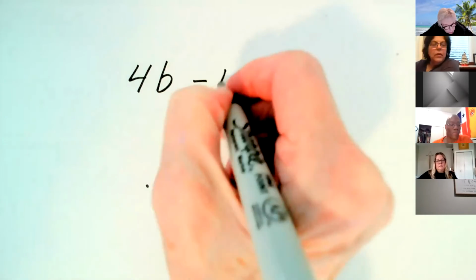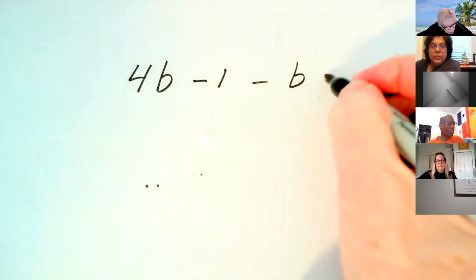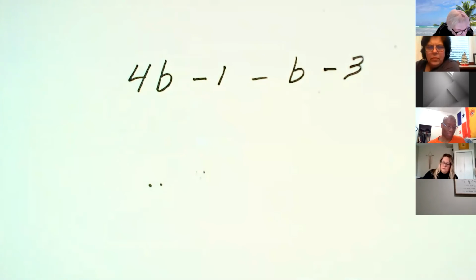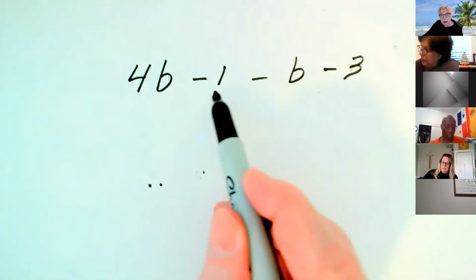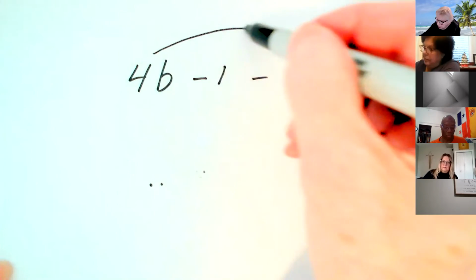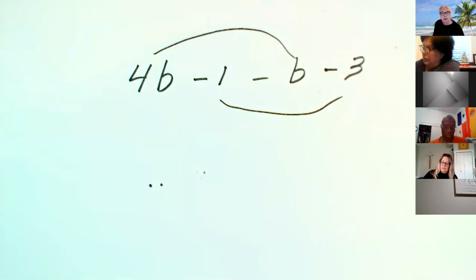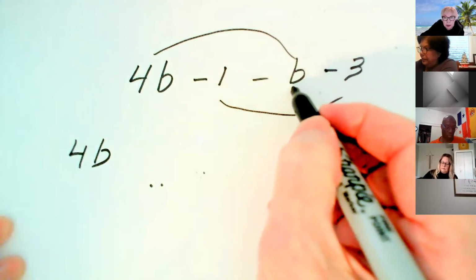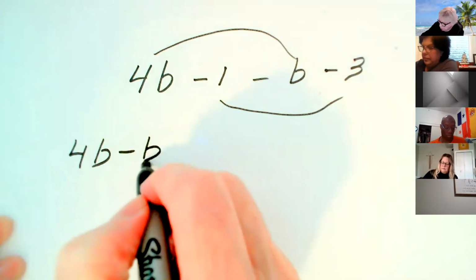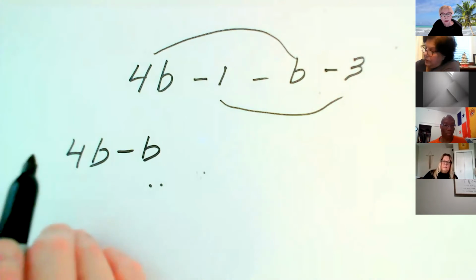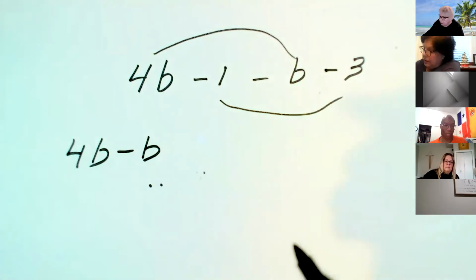4b minus 1 subtract b subtract 3. So the instructions here would be simplify, and count them: 1, 2, 3, 4 terms. You have to put the b terms together and the single numbers together. So we're talking 4b, and notice this is a minus b, that sign goes with it. How much is that? 3b.